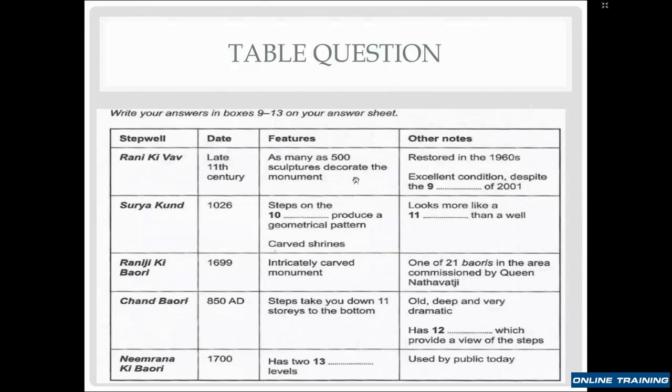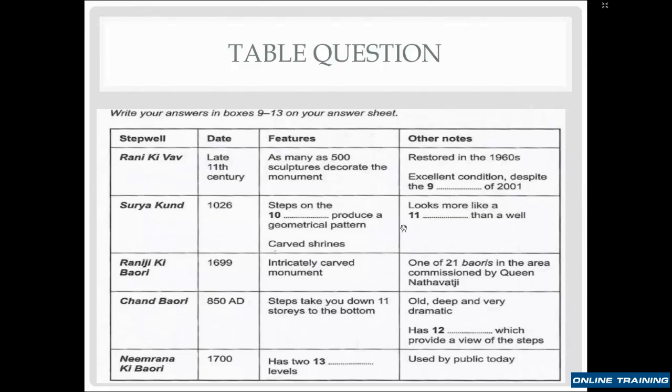And then you have to find the information for number 9, which is going to be a sentence that mentions 2001. And then you have to find the sentence that talks about Surya Kund. And then for number 10, you find something about a geometrical pattern and steps. For number 11, you're looking for something looking more like a blank than a well.